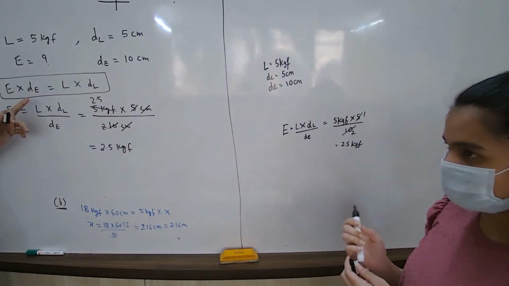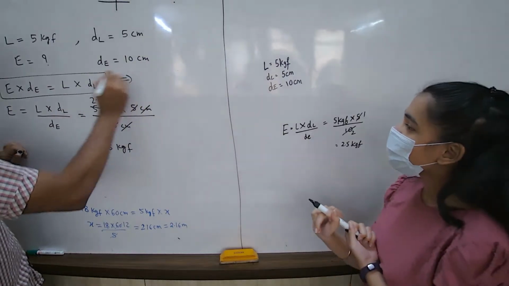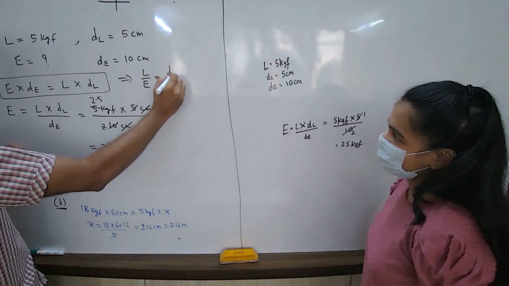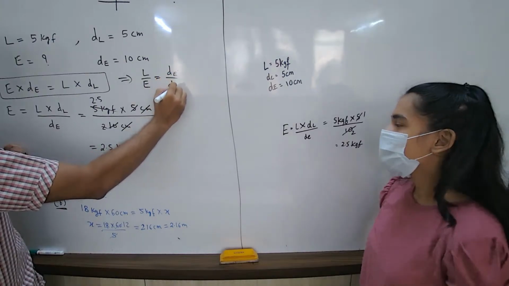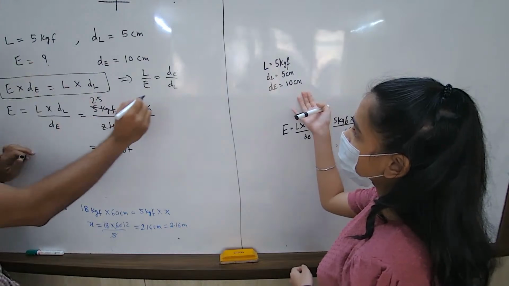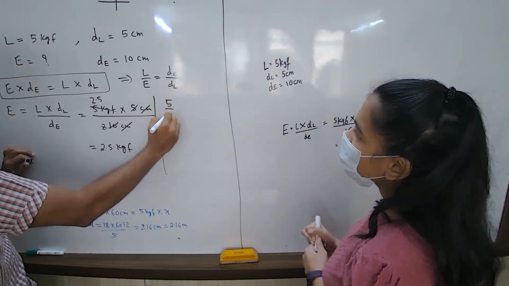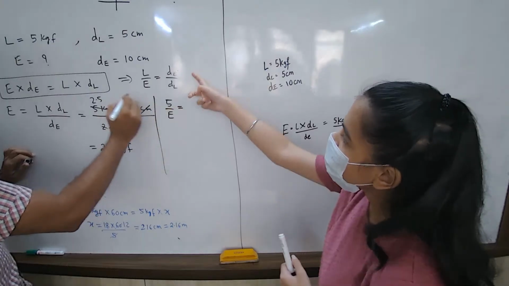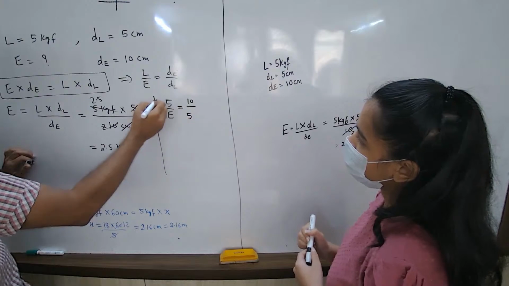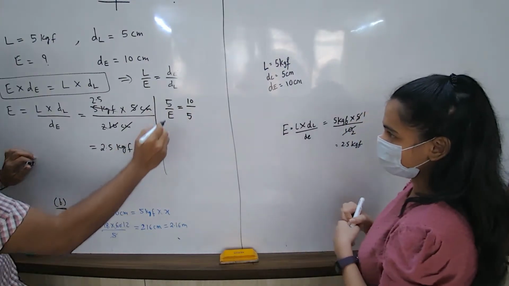E इंटू DE इज इक्वल टू L इंटू DL. तो इससे हमको क्या मिला? तुमको भी यही मिला. L अपॉन E इज इक्वल टू DE बाय DL. तुमको कैसे सब्स्टिट्यूट करना चाहिए था? L कितना दिया हुआ है? 5. तो तुम्हारा स्टेप्स ऐसे होना चाहिए. 5 upon E is equal to DE is 10 and DL is 5. तो फिर E कितना हो गया?